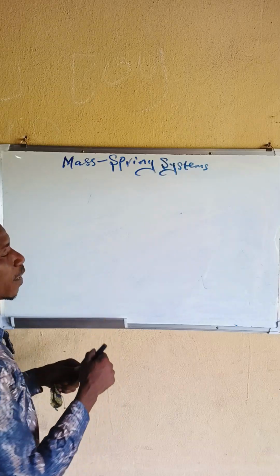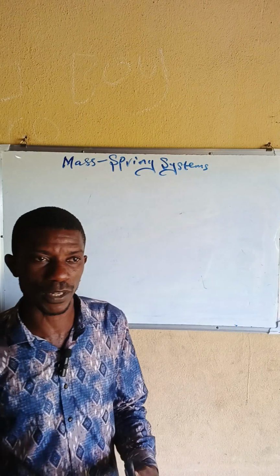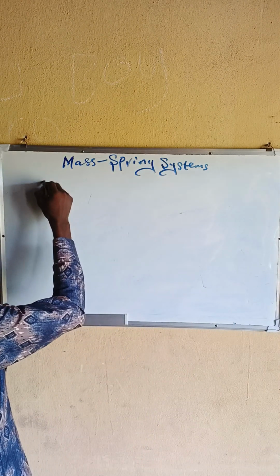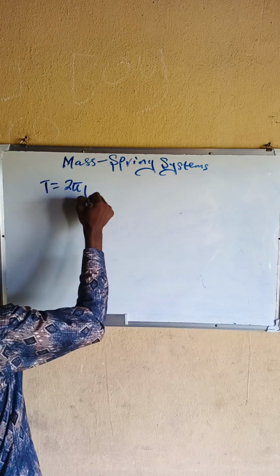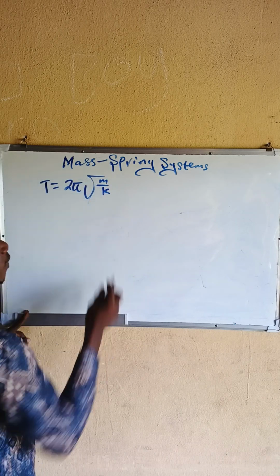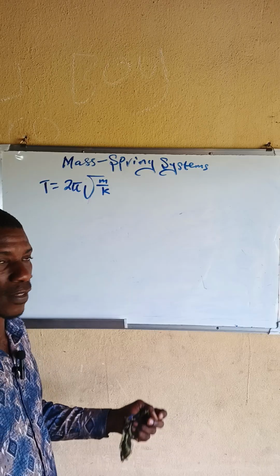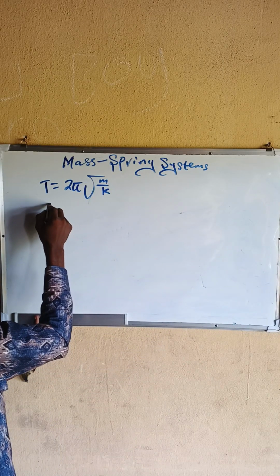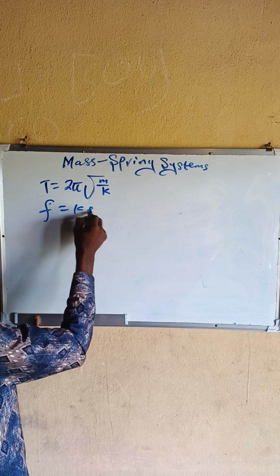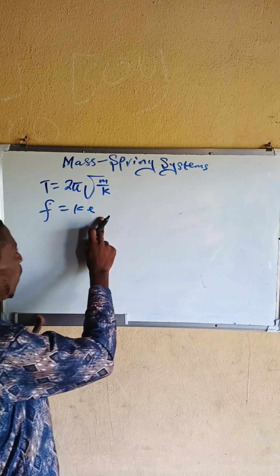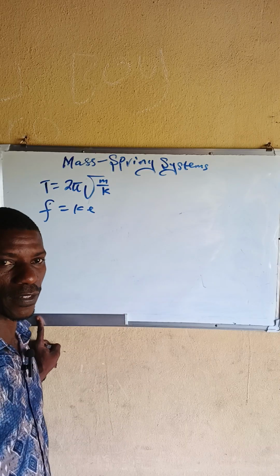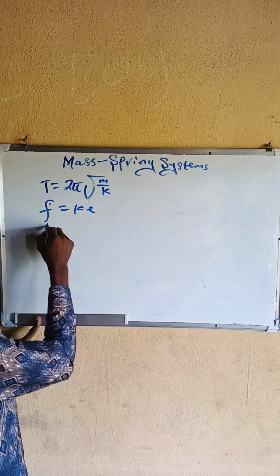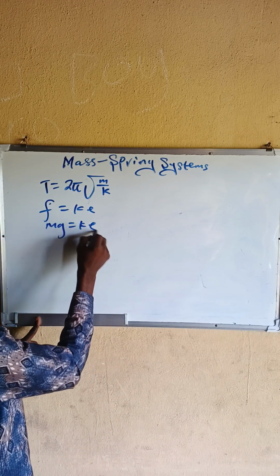The period of oscillation for a mass spring system is given as T is equal to 2 pi root m over k. Knowing fully that our force is given from Hooke's law, the force is mass times acceleration due to gravity, that is mg is equal to ke.